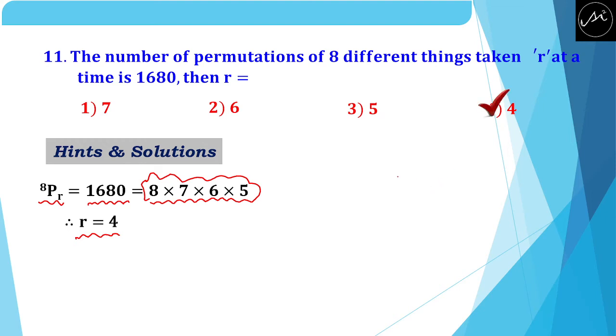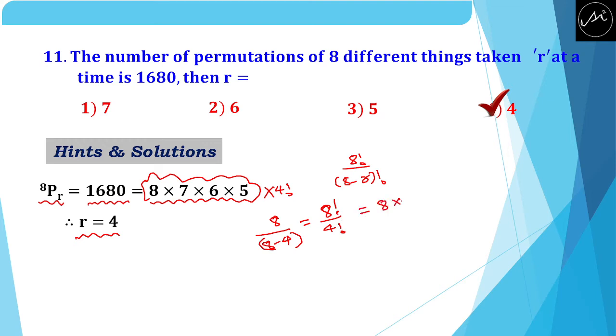So that is 8 factorial over 8 minus r factorial. 8 minus r factorial means 8 into 7 into 6 into 5, so here I have to cancel the remaining 4 factorial. So for that 8 minus 4 I have to write. So you are going to get 8 factorial divided by 4 factorial.